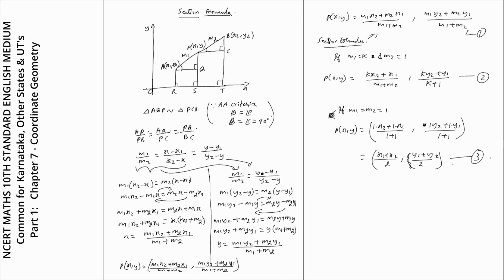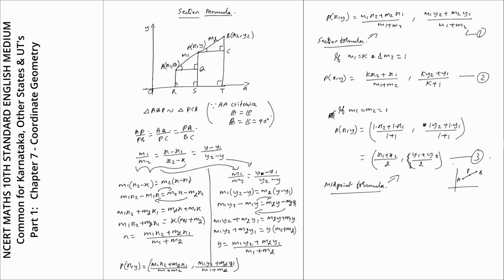So this is nothing but the midpoint formula. Here P divides the line AB in two equal parts. That means it is like this. If A and B are 2 points, and if we join AB, then P divides AB into two equal parts.